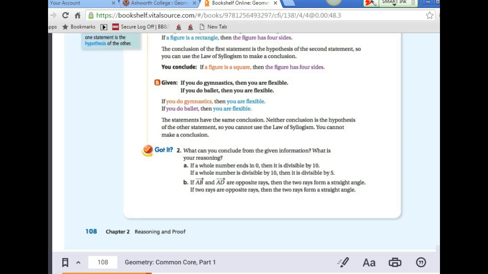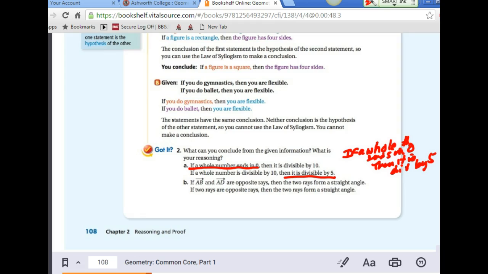So our statement would say, if a whole number ends in 0, then it is divisible by 5. Okay? And all I did was link the original hypothesis with the last conclusion, because you can do that using what's called the law of syllogism.